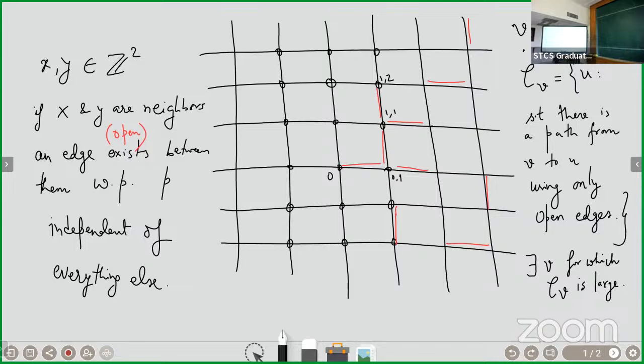Yeah, that's a hint. We are not going to go down that route, because every time finding independent progeny is going to be difficult.